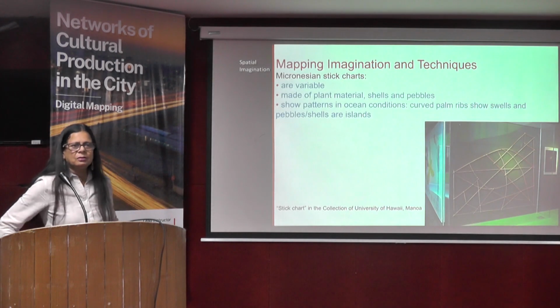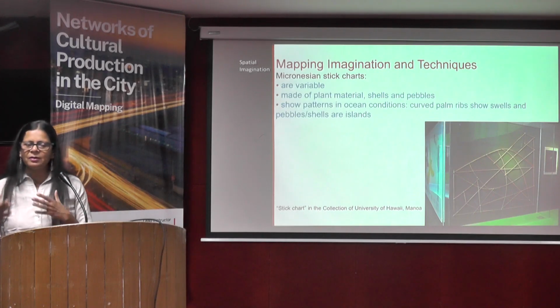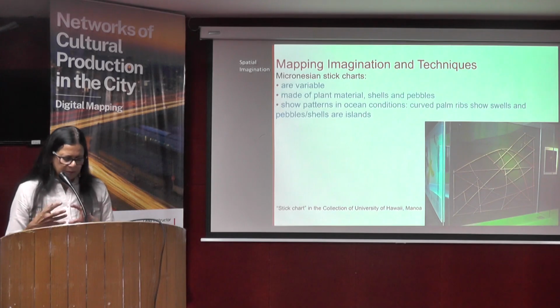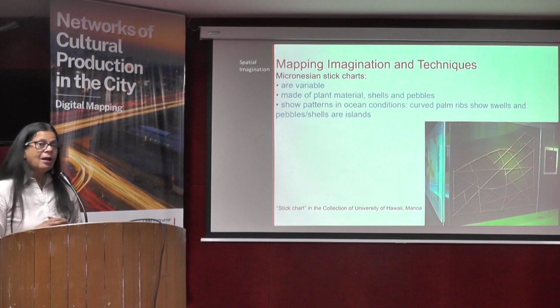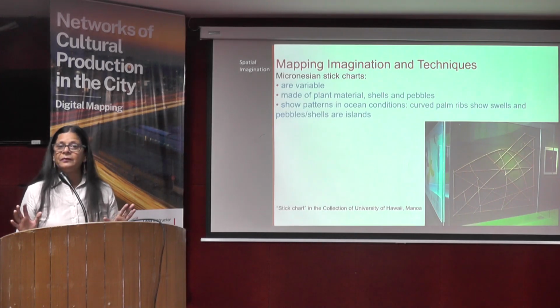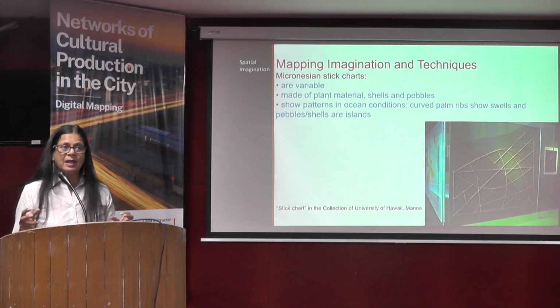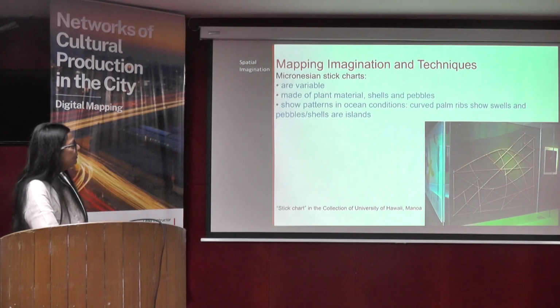It is useful to know that because we are so used to modern cartographic methods that were devised from the mid-18th century onwards, that there are traditions of mapping with a completely different imagination of space in other cultures, and they are live and well.